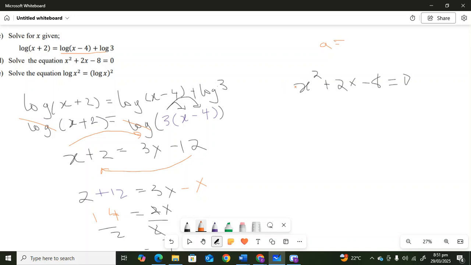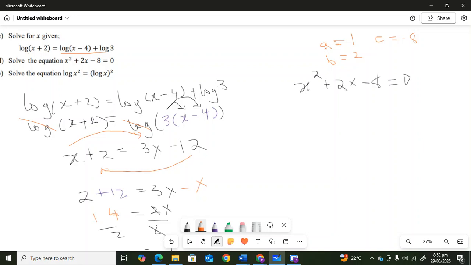Our leading coefficient for this x squared is 1. We label your coefficient of x, which is also called b. The coefficient of x is 2. Then you label your constant. Basically, it's the number without a letter.